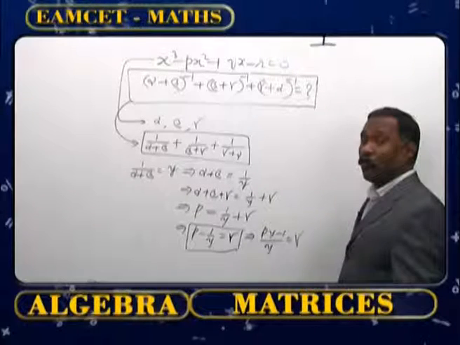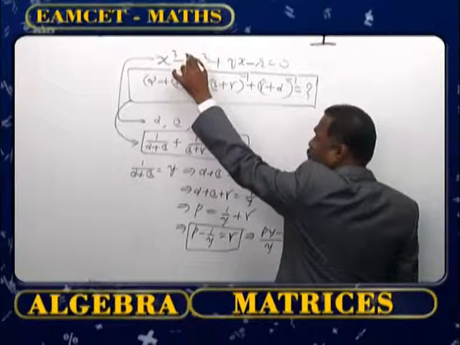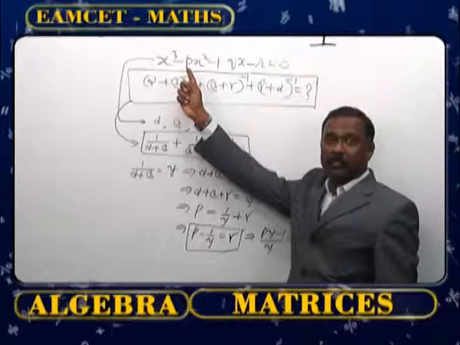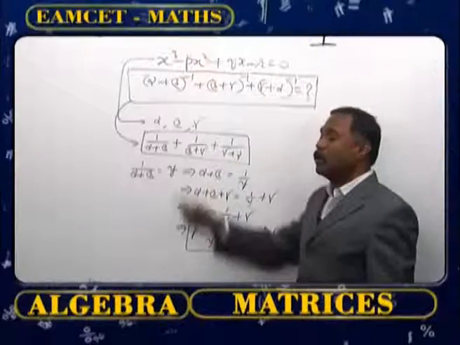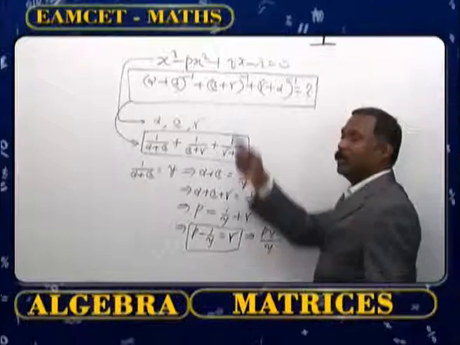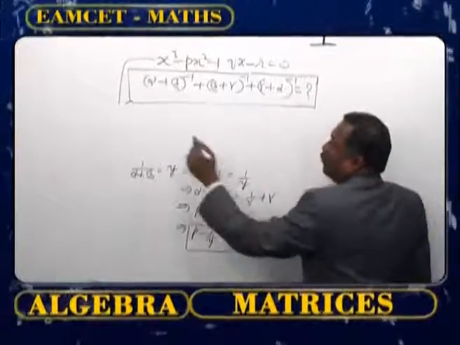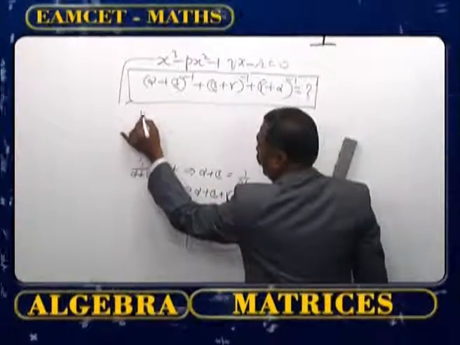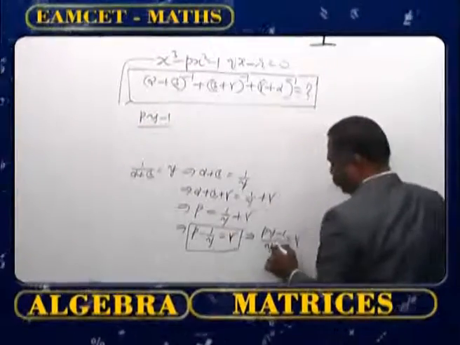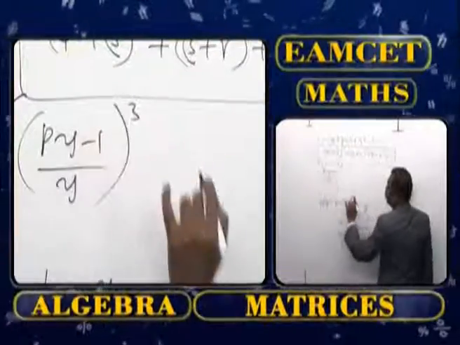Now what we do, what is gamma? The gamma is the root of this equation, and hence it must satisfy this equation. So if you substitute the value of gamma in this one, what will you get? So you will get (py minus 1 upon y) whole cube.